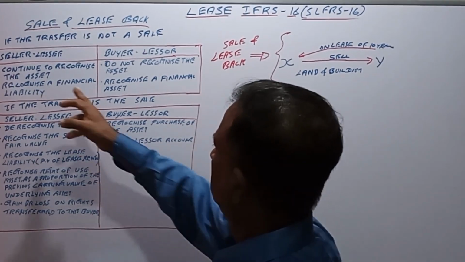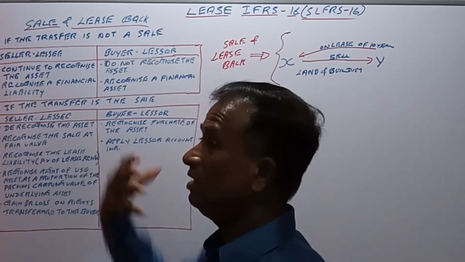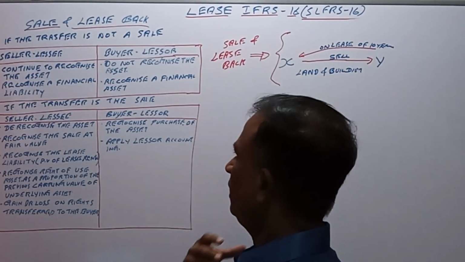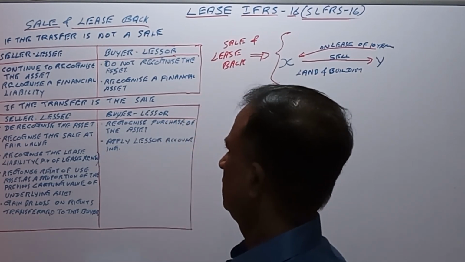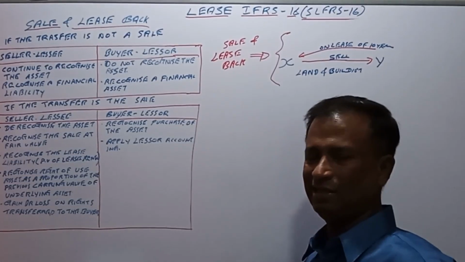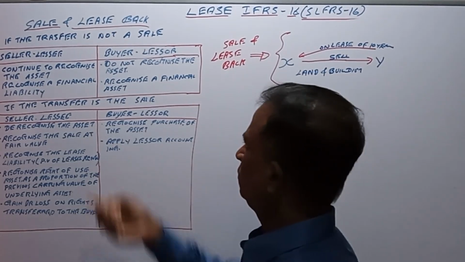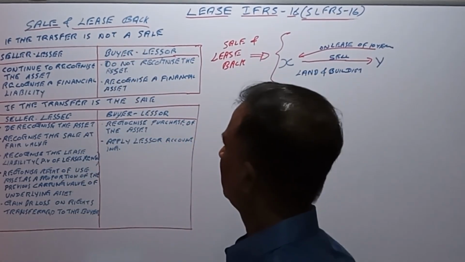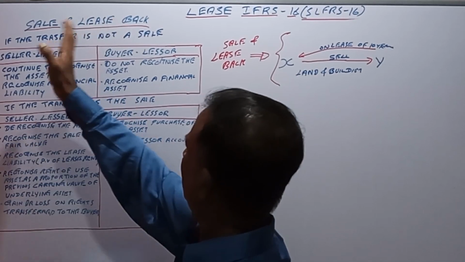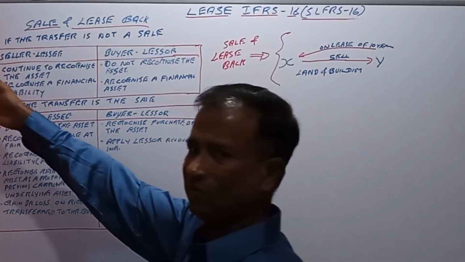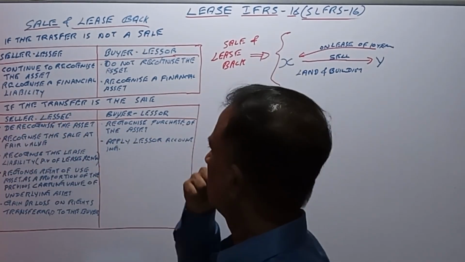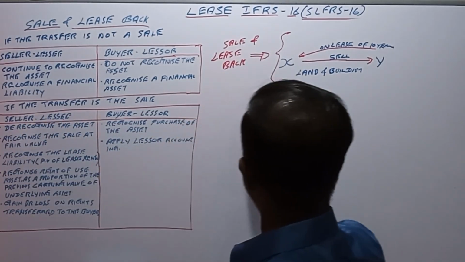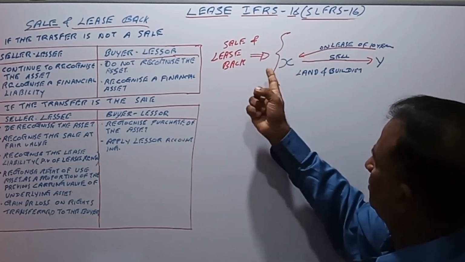Then the seller is the lessee; sold it and got it back as a lessee. He is the initial seller to the buyer. Again, the buyer becomes a lessor by leasing out the same property. Sale and leaseback is happening.